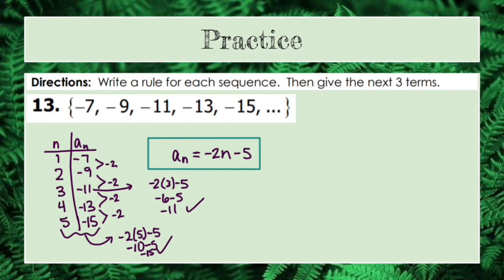Now, it's important that you know that for numbers 14 through 16, you may struggle to find the formula. I don't want you to spend hours on this. This is something I want you to have seen, but you do not have to be perfect at it. The rest of the problems you should be able to do. But for numbers 14 through 16, I don't want to waste your time guessing and checking those all the time.